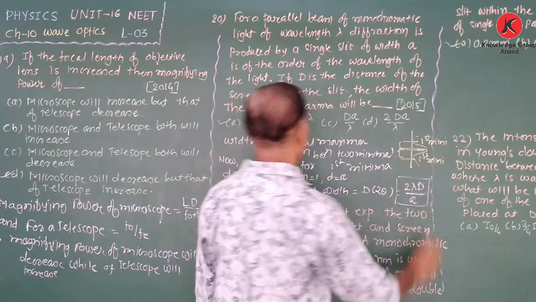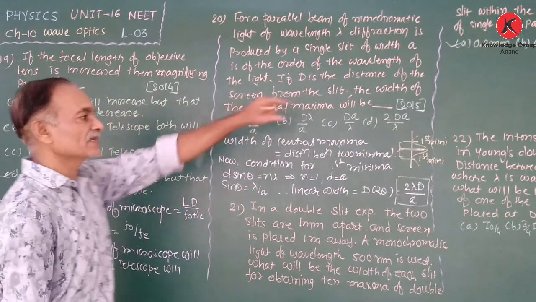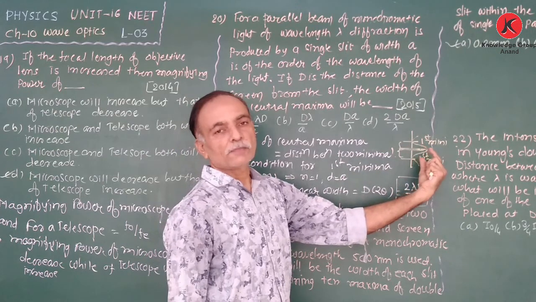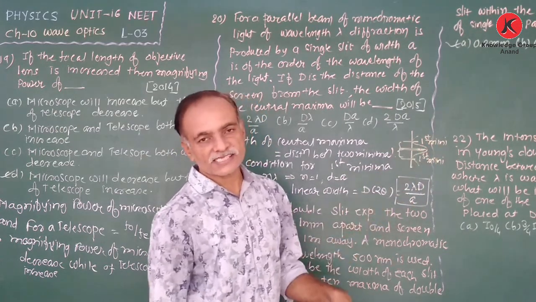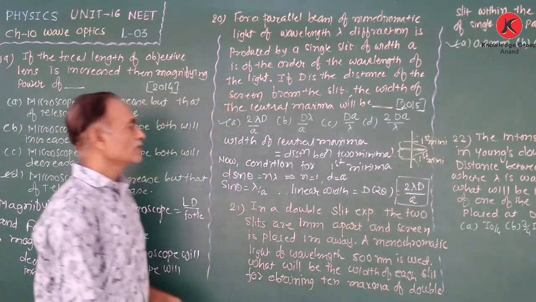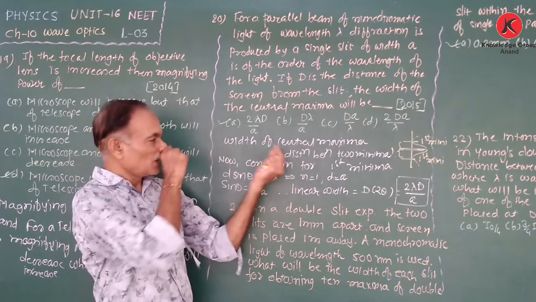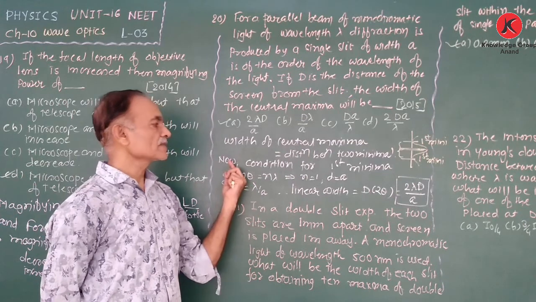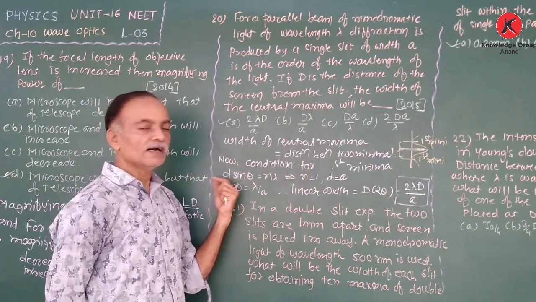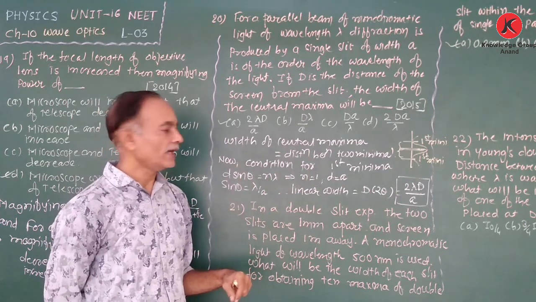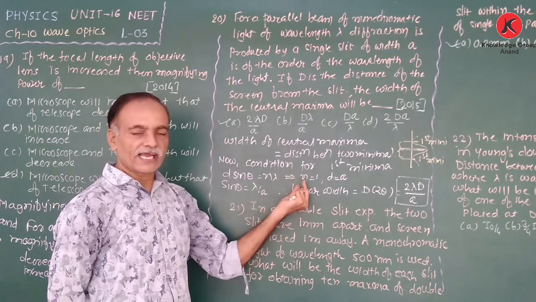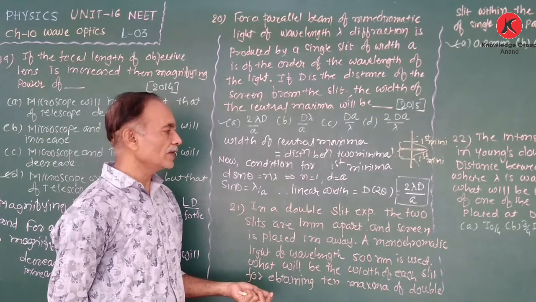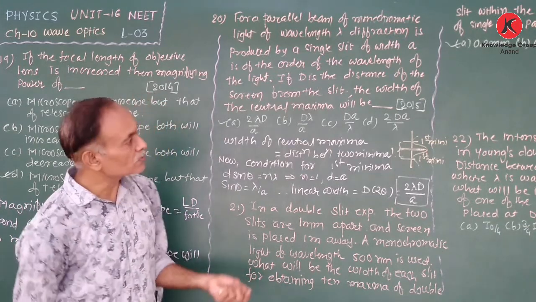Again, we require the width of the central maxima. The width of the central maxima is the distance between the first two minima on either side of the maxima. Now, the condition for the first minima is d sin theta equal to n lambda. Here we substitute n equal to 1 for the first minima, and d equal to a, the slit width, already given.